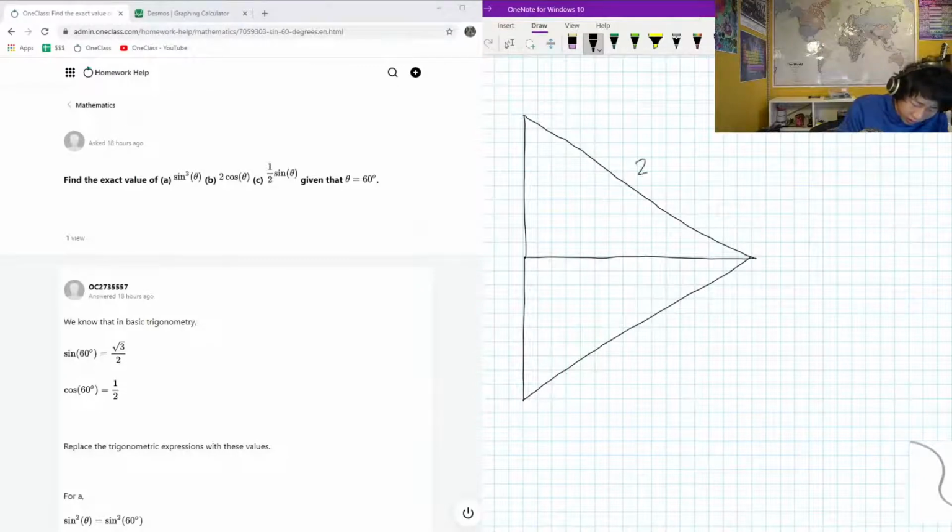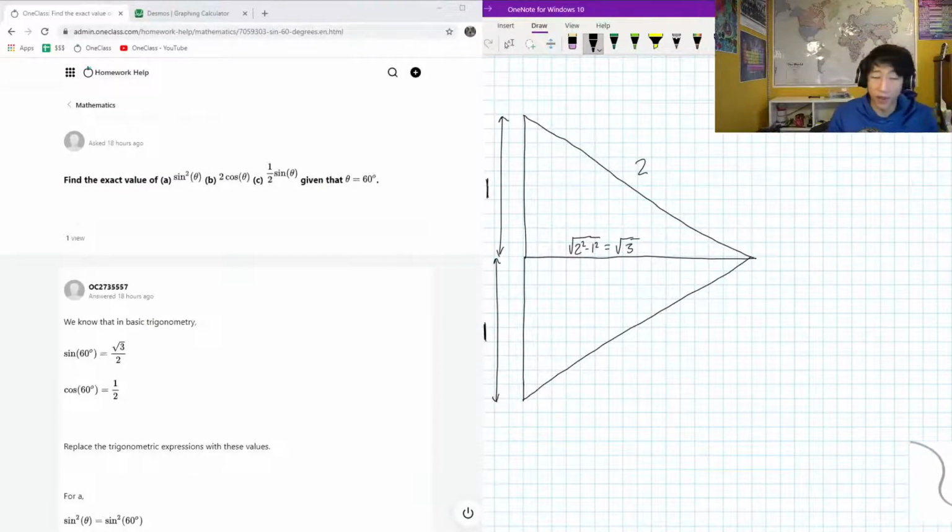Let's say the equilateral triangle side was 2 here, and this side is 1. This right here will be root of 2 squared minus 1 squared, which is equal to root 3. That is from the power of Pythagoras' theorem that we calculated this length right here.